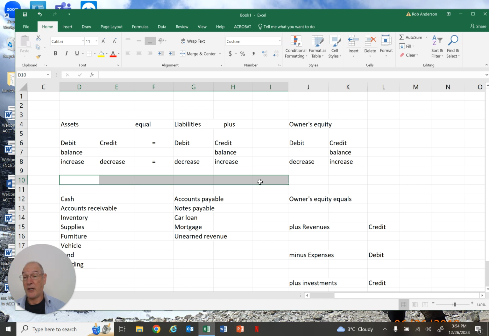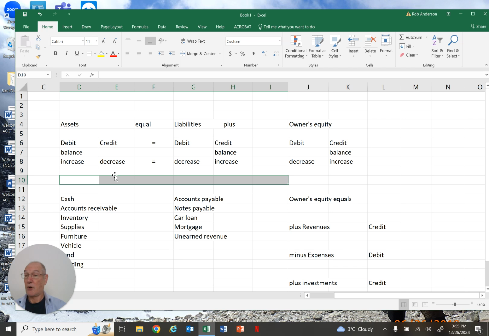So the owner might have money that he or she owns, and that owner is going to take that money and put it into the business bank account to help the business maybe buy some assets later or keep it running. So let's say the owner takes $10,000 of their own money and invests that $10,000 into the business by putting it into the business bank account.